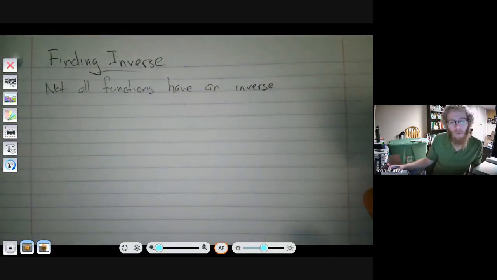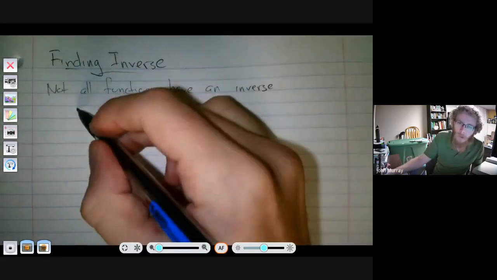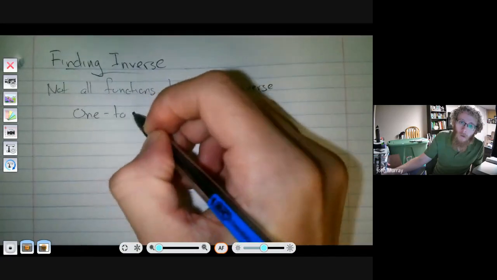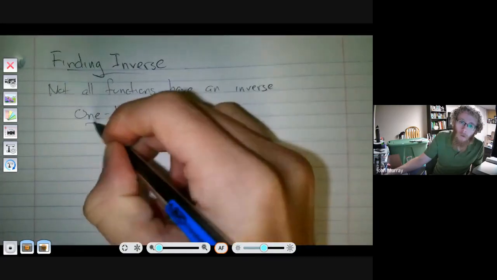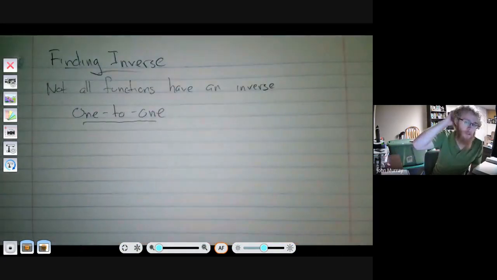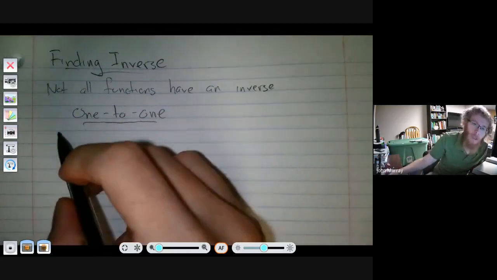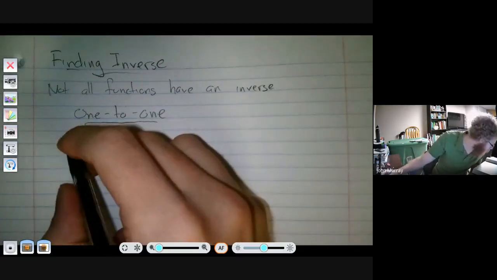The way we first figure out if it does have an inverse is we have to figure out if our function is what we call one-to-one. I'll give you the formal definition and then we'll expand on that.